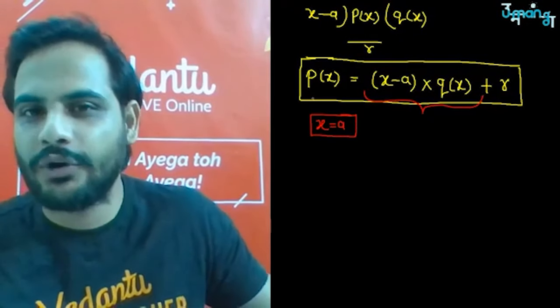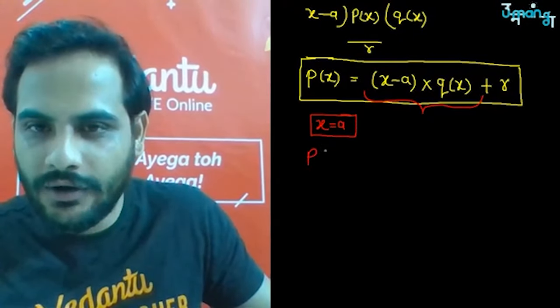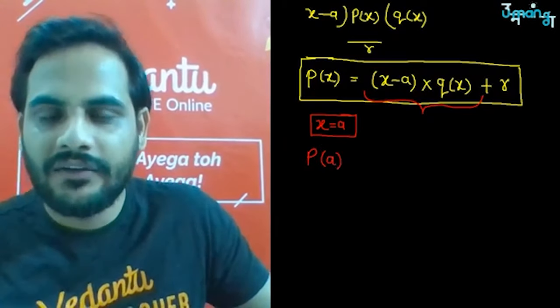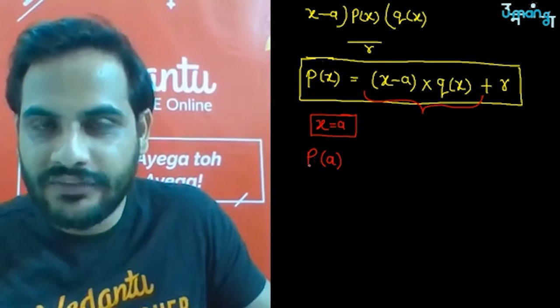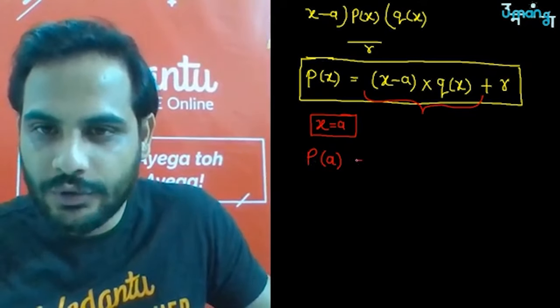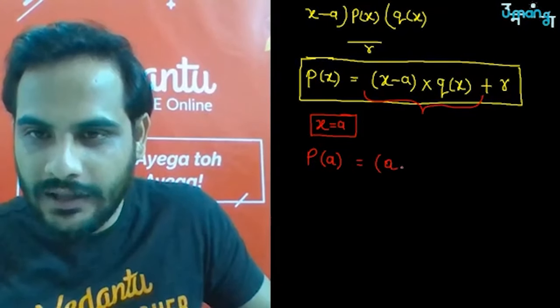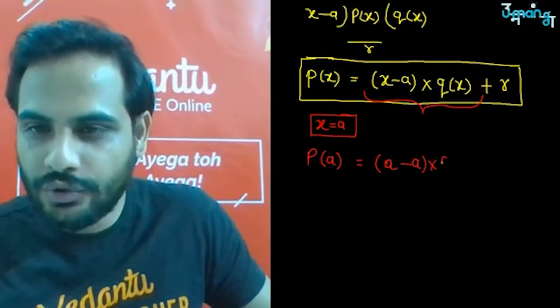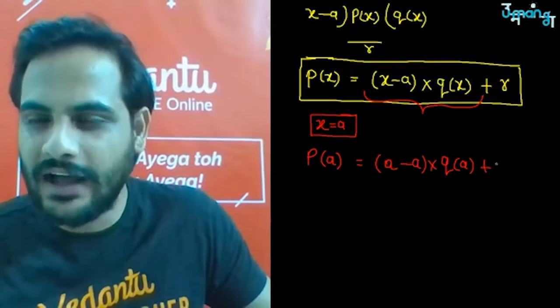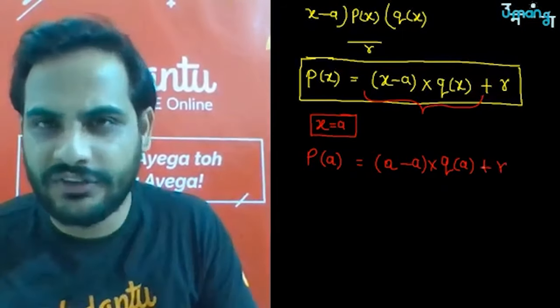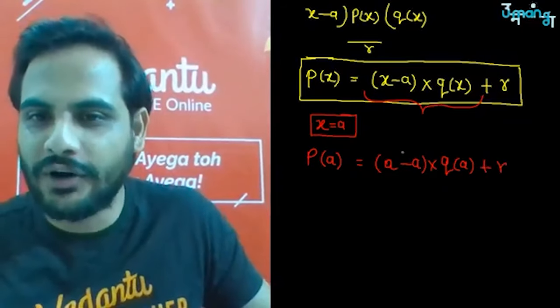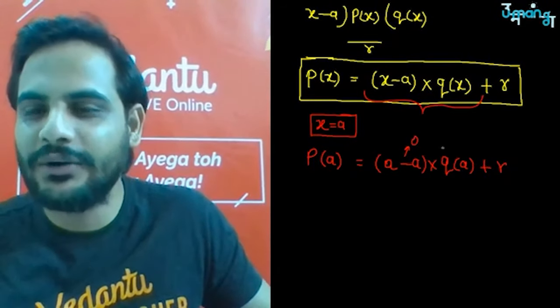If I put x is equal to a, you will get p(a). That means the value of the dividend at x is equal to a is a minus a into q(a) plus R, because R is a constant number and will not change. So a minus a is 0, and 0 into anything is 0.